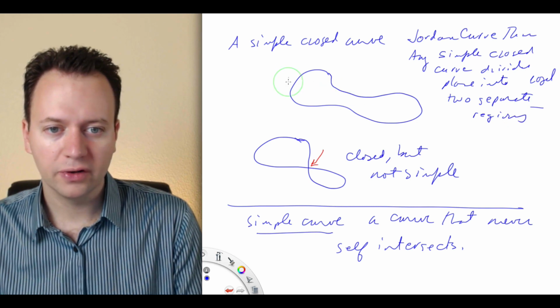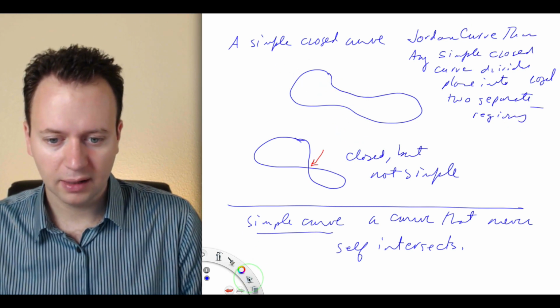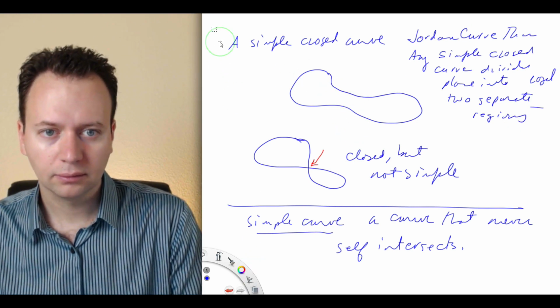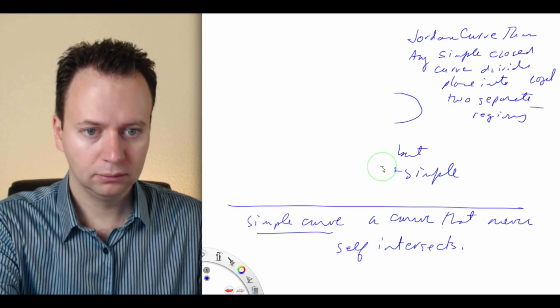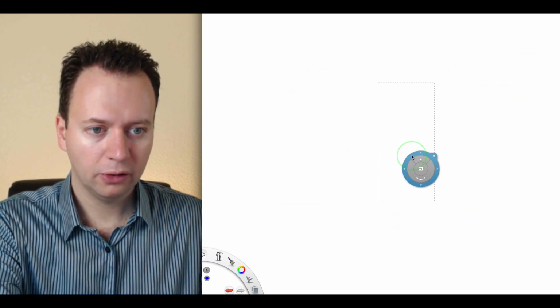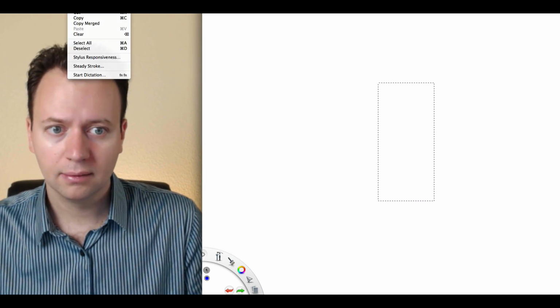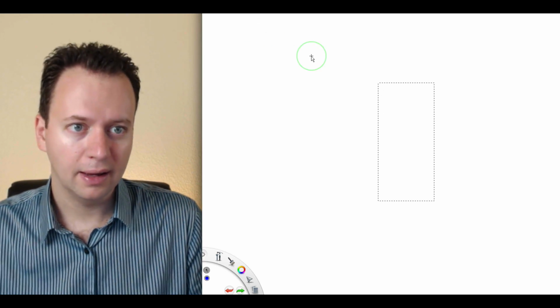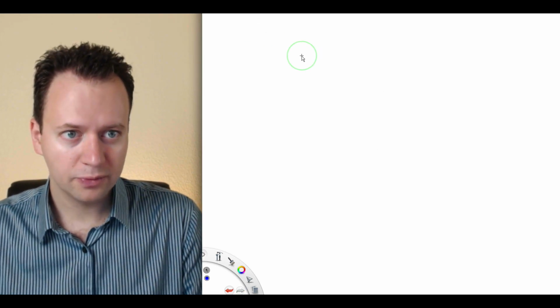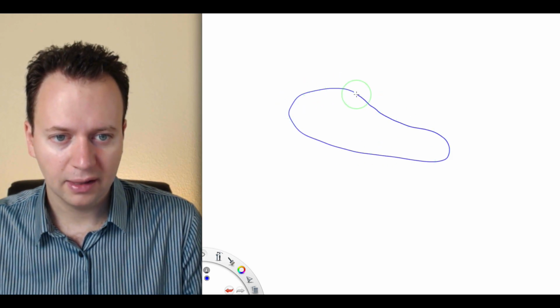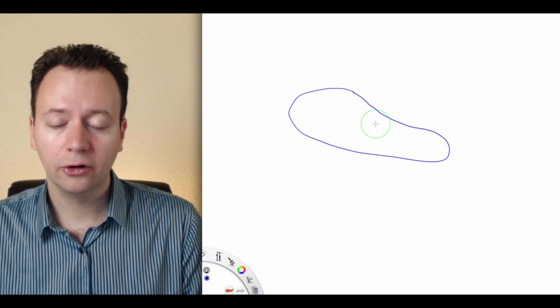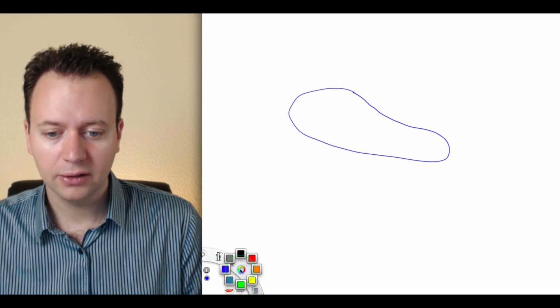So here's our picture of a simple closed curve. Let me start with a fresh picture. Our simple closed curve is something like this, and the Jordan curve theorem says that this divides the plane into two regions.